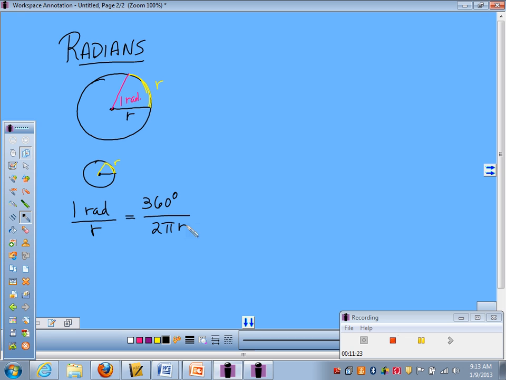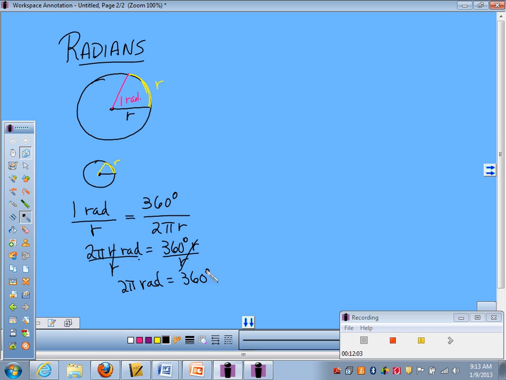Thank you for that. So I am cross multiplying here. That would give me 2 pi r times 1, so actually it would be 2 pi r radians equals 360 times r. They both have an r in them, don't they? So if I divide the r out of both of them, it cancels, and I am left with 2 pi radians is equal to 360 degrees.